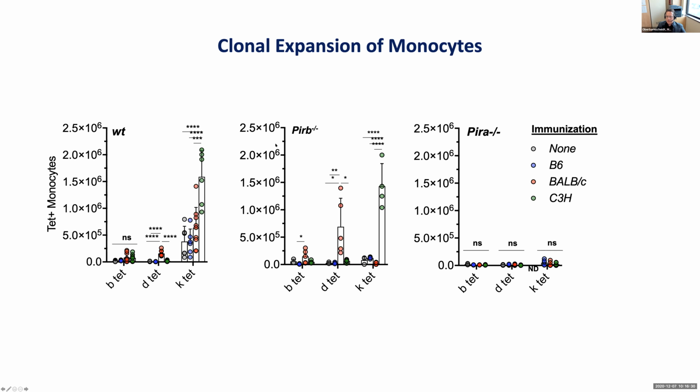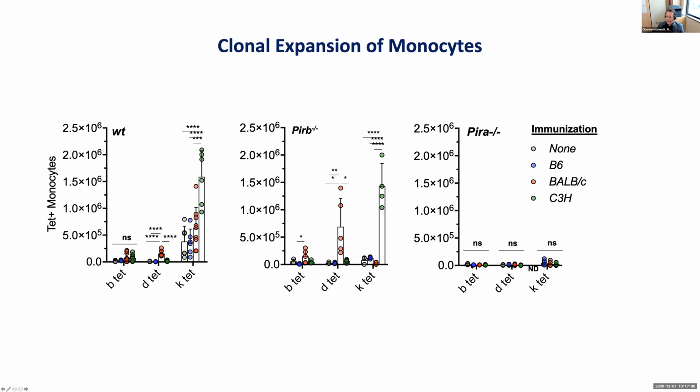The cleanest result we obtained in the PRB knockout mouse. So here, and this is gated on monocytes, we're eliminating binding to PRB, and potentially or ideally are only staining PRAs, and you can see a nice increase in monocytes staining for the D tetramer after BALB/c immunization. And likewise, if you immunize with C3H, you see the K tetramer increasingly binding to a larger proportion of monocytes.